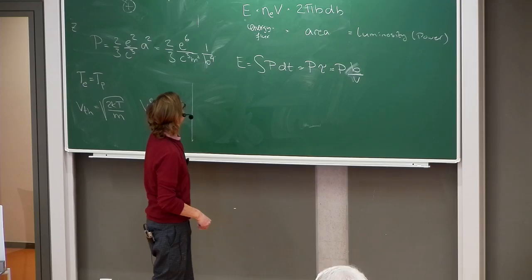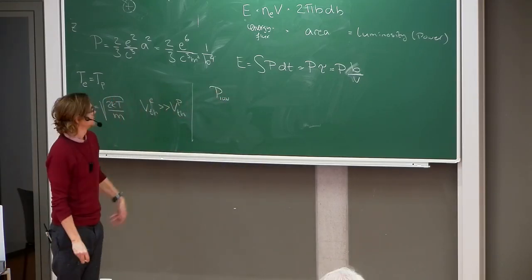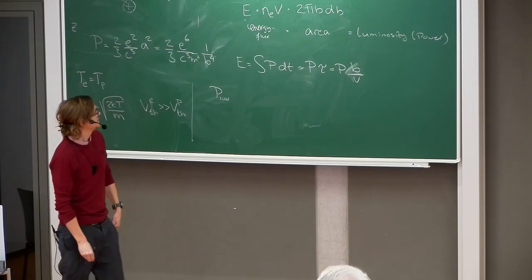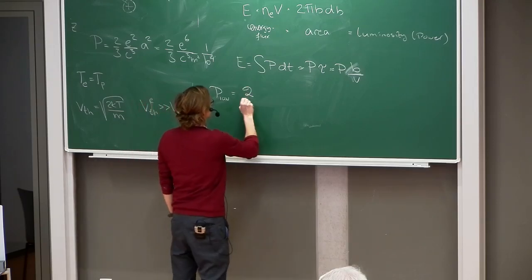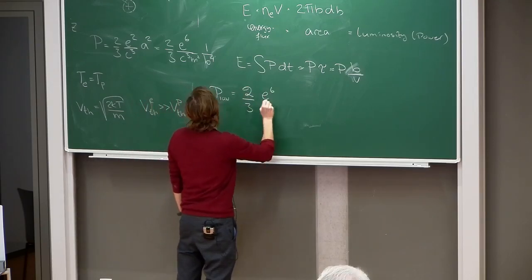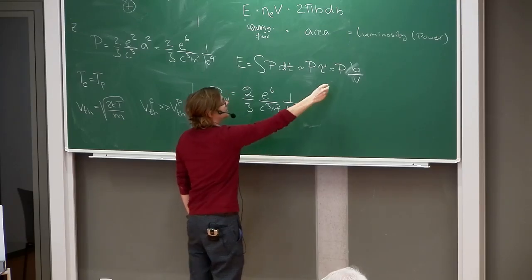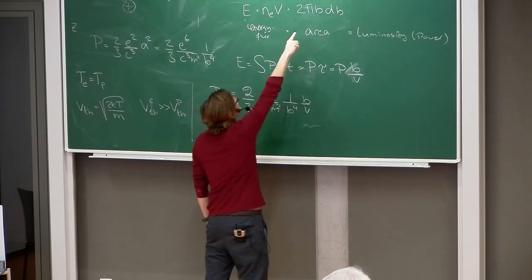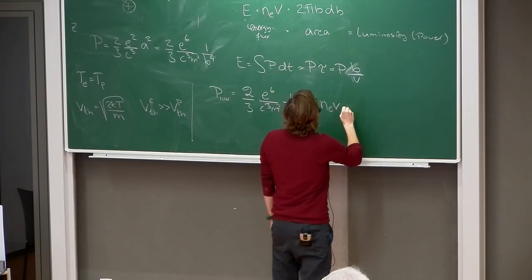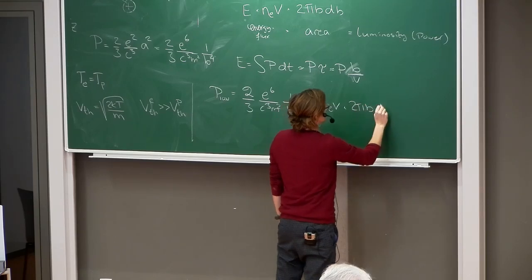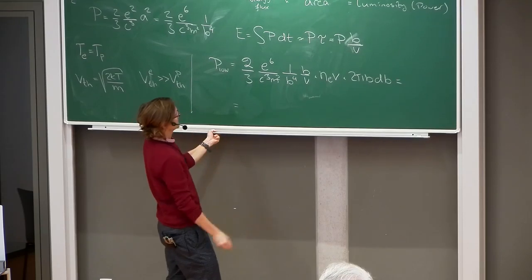Now we get for the power of one ion here just this one, 3 e^6 divided by c^3 m^2 times 1 over b^4. We have this, b divided by v, and then we're going to have to integrate it by number flux times 2 pi b db. Okay. Let's see.